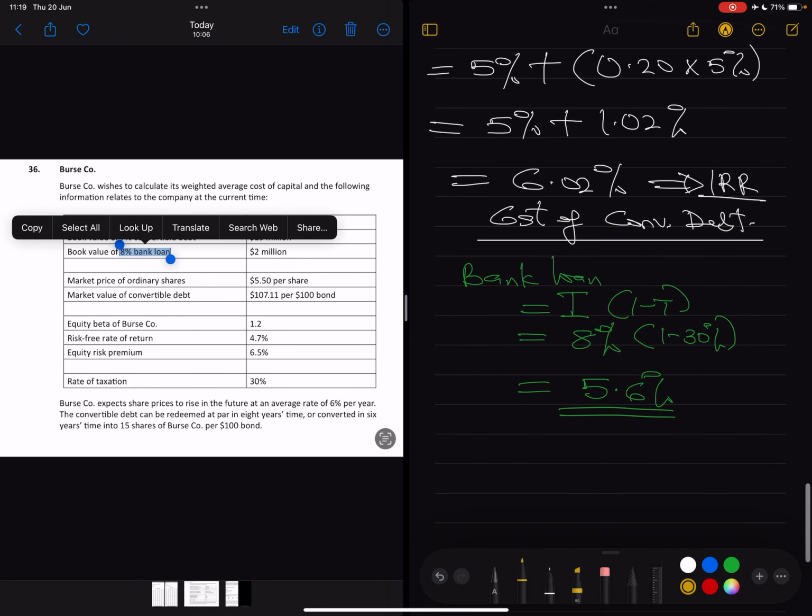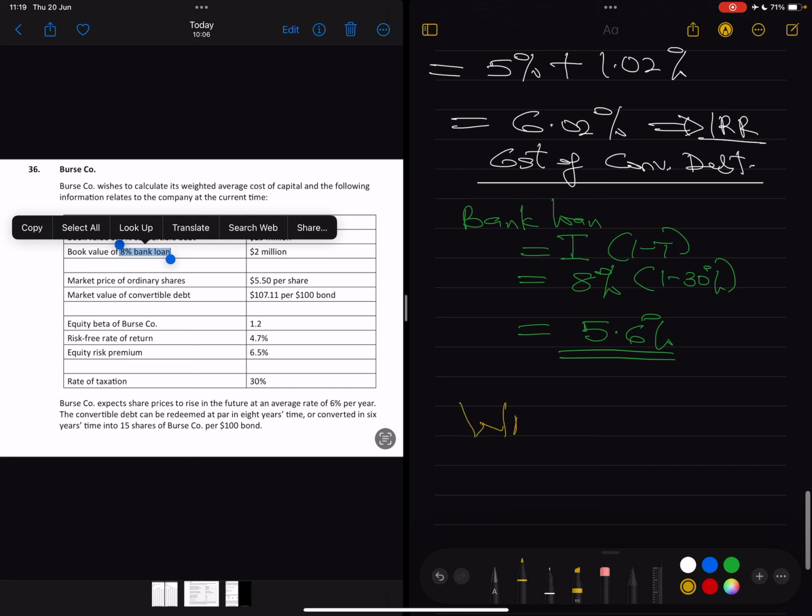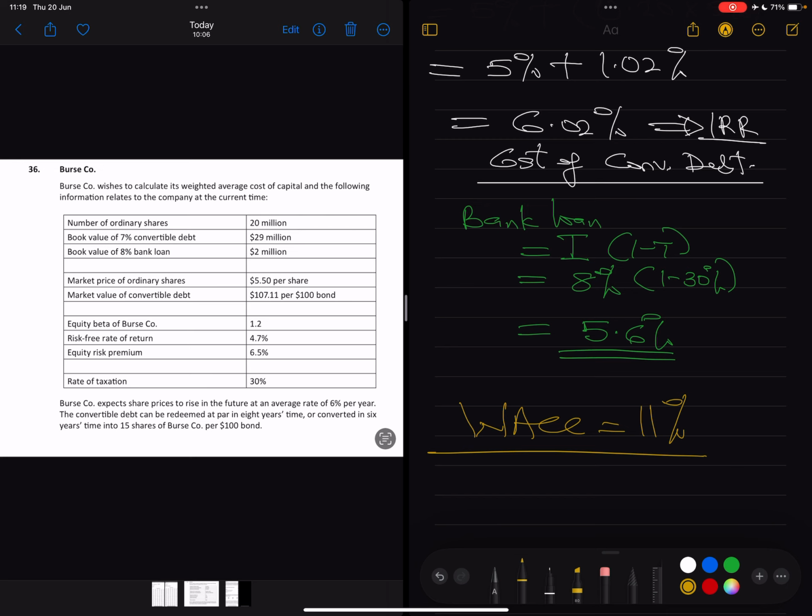And that is how we got our final WACC to be equal to 11%. Very easy. And take note of the conversions that we have to do for convertible bonds, because it's quite important. If you don't get it right there, you might actually struggle. And that is it for WACC.